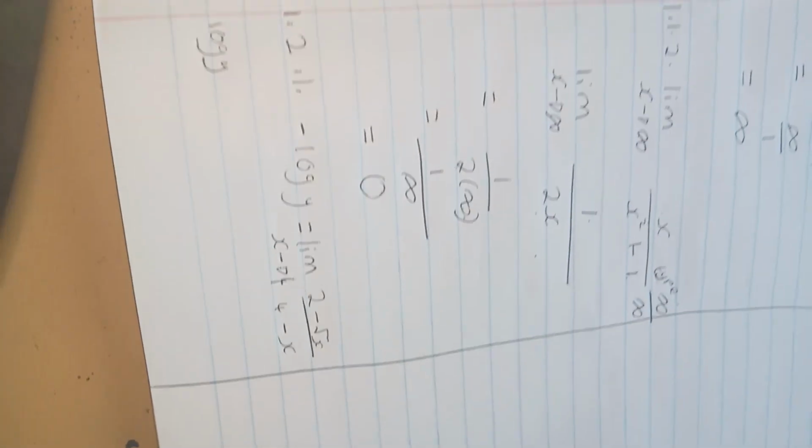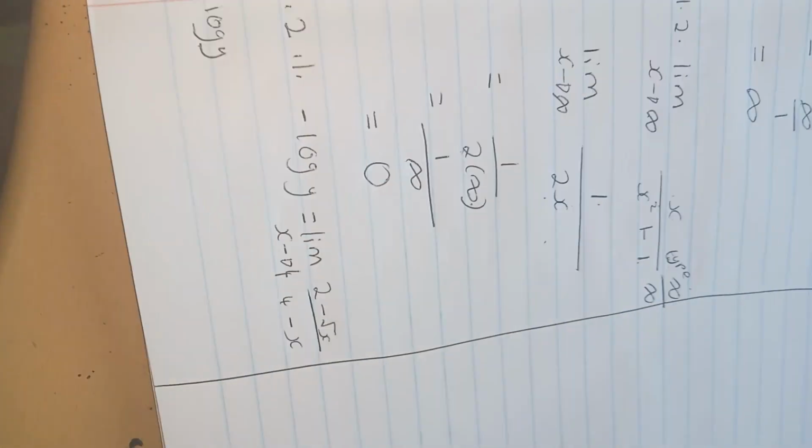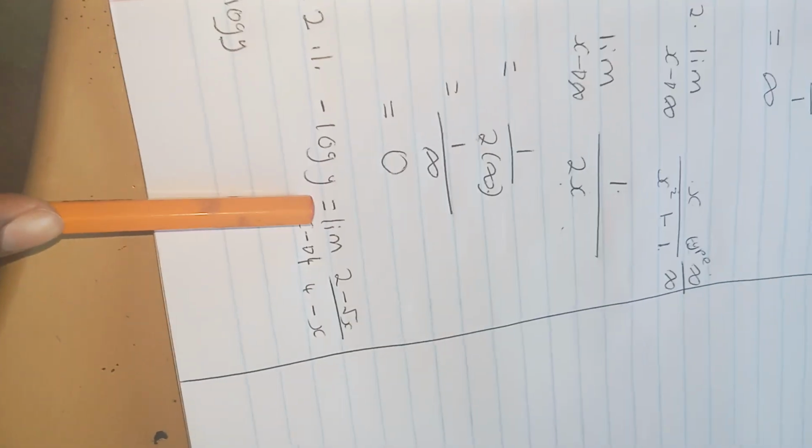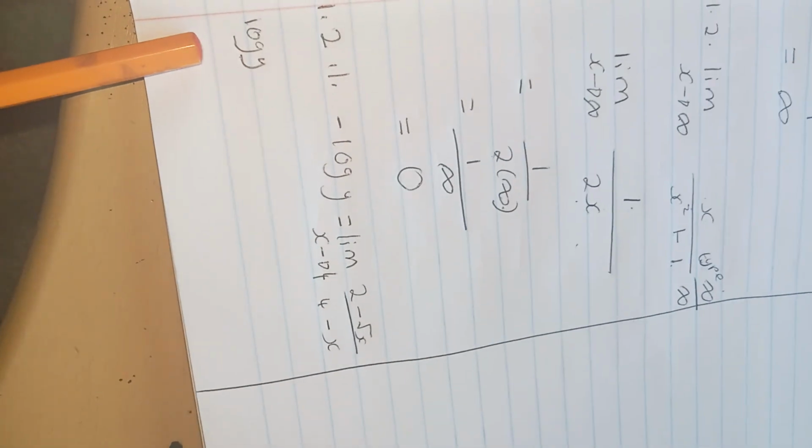We are not calculating negative log y. Here we have negative log y, but they want us to calculate positive log y. So first of all, we are going to calculate negative log y. After, we will change the negative to positive.